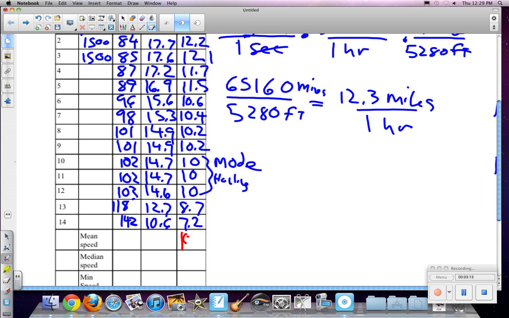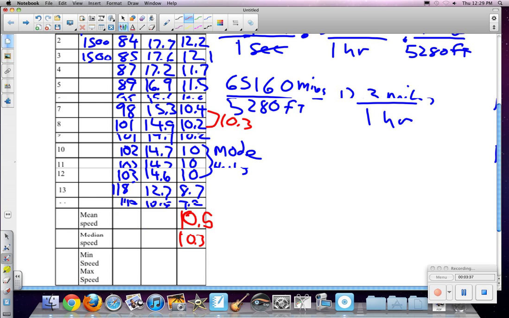Okay, so 10.5 for the mean. 10.3 for the median because it would be these two, right? These would be the two middle ones, and so you would take the average of those, so that would be 10.3. So 10.3 would be the median speed.